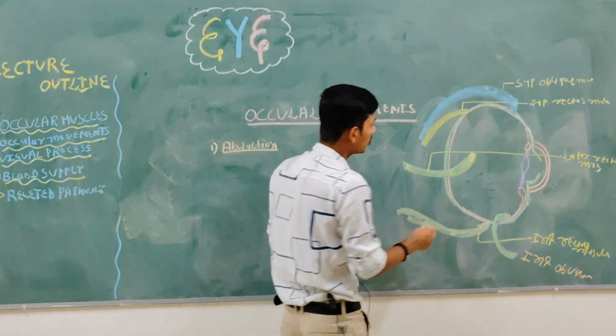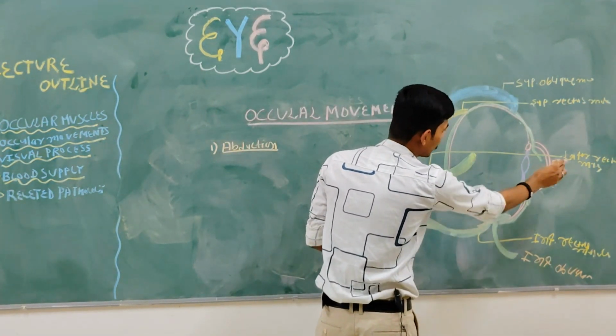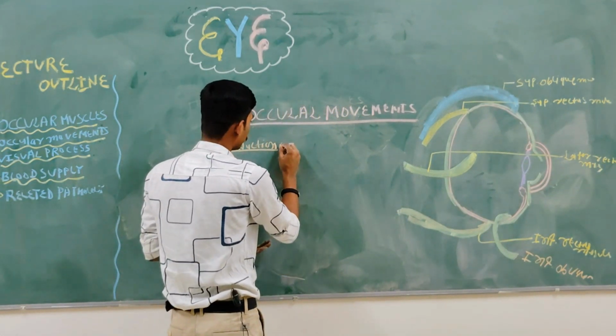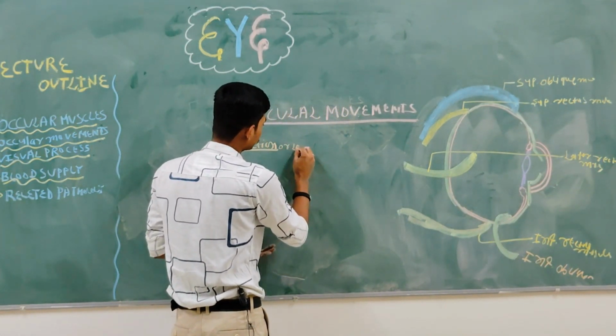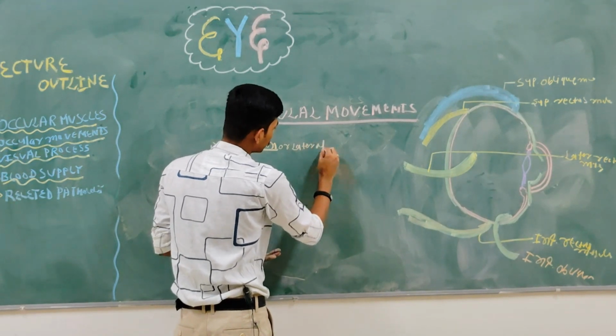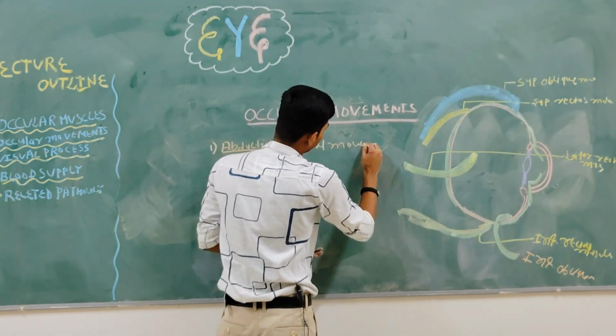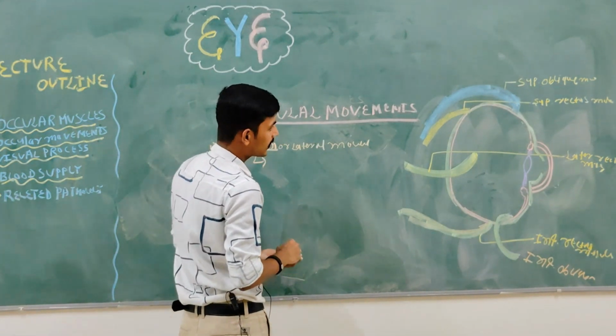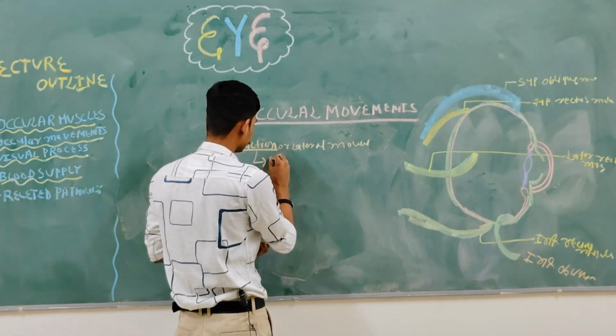And here there will be a contraction of the lateral rectus muscle. It is also called lateral movement, and it is done by the lateral rectus muscle.